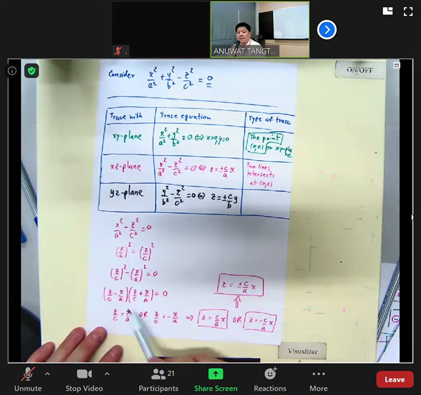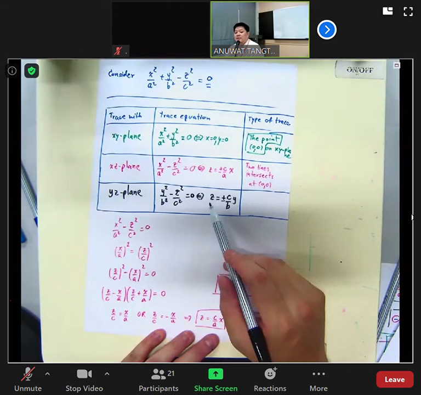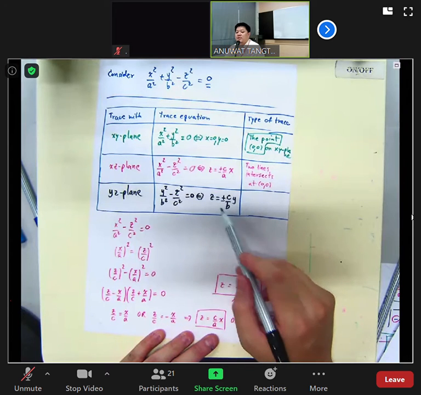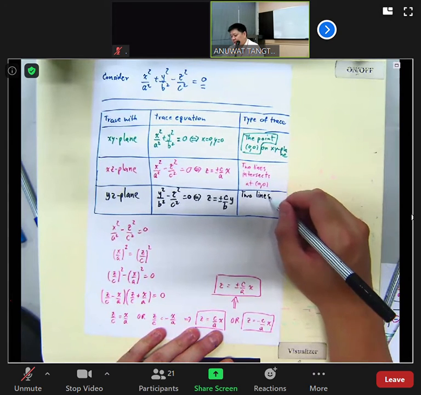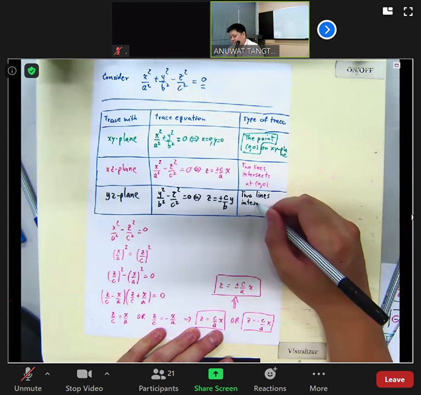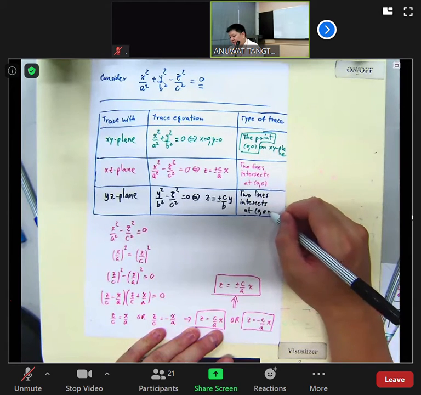By using the same method here, we would get the same thing, but this is on the yz plane. So these are the straight lines on the yz plane. Again, two lines intersect at the origin on the yz plane.